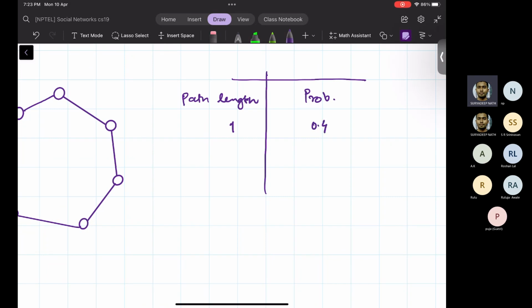It is 0.4. When the path length is 2, the probability is 0.4 into 0.4.